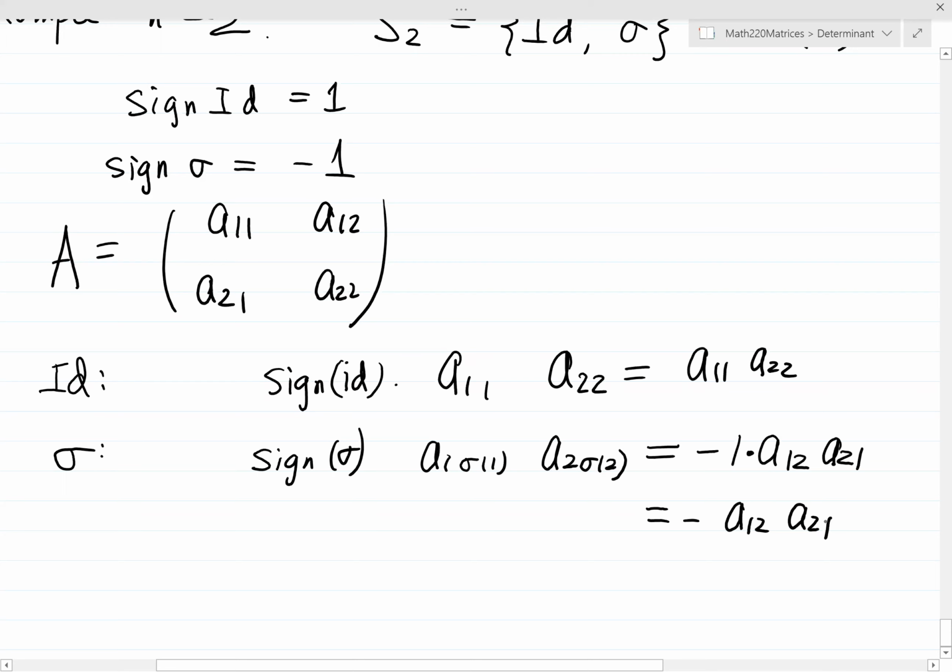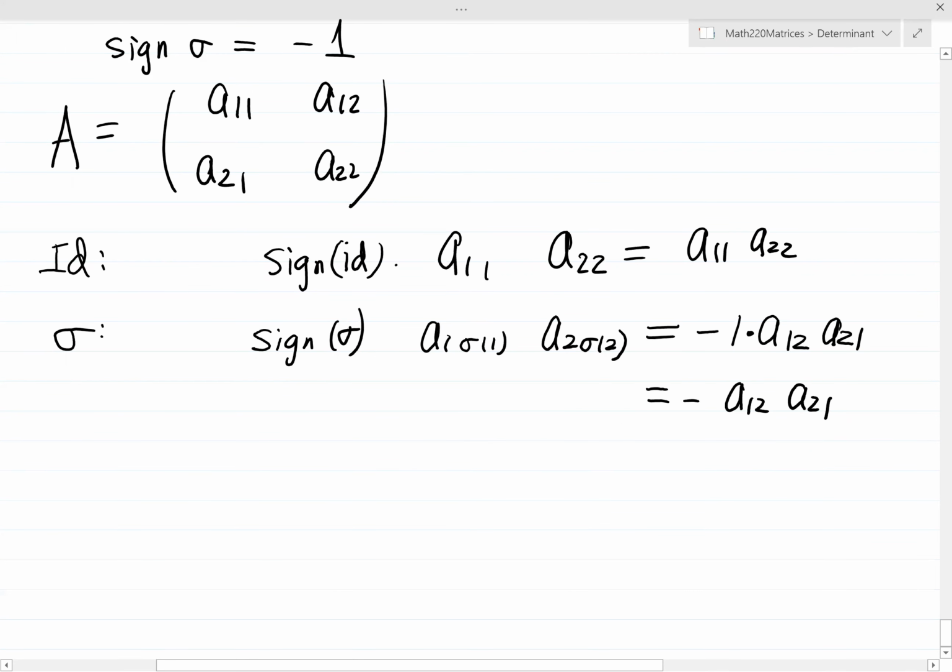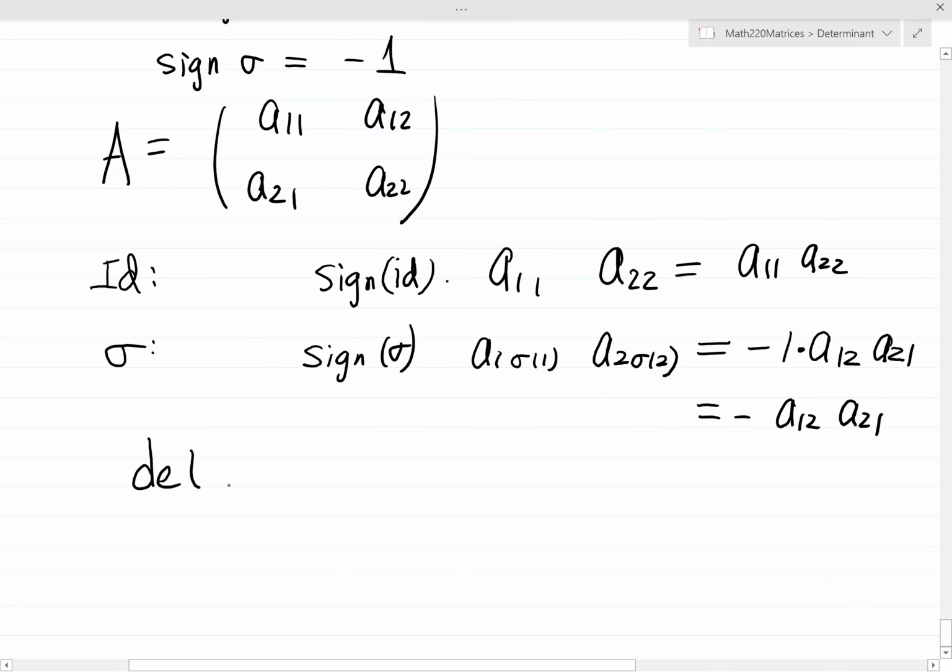So the determinant has 2 parts: the contribution of the identity and the contribution of sigma. This will be A11 A22 minus A12 A21.